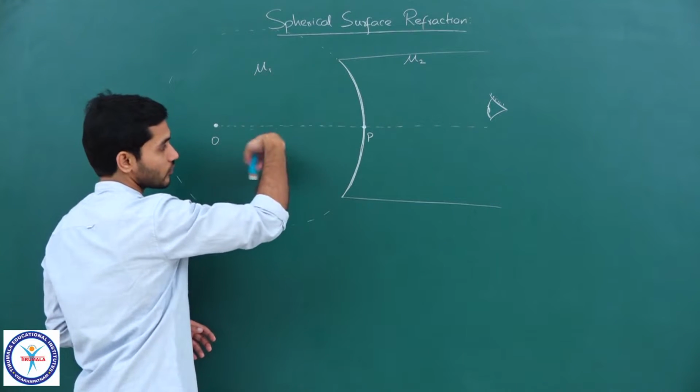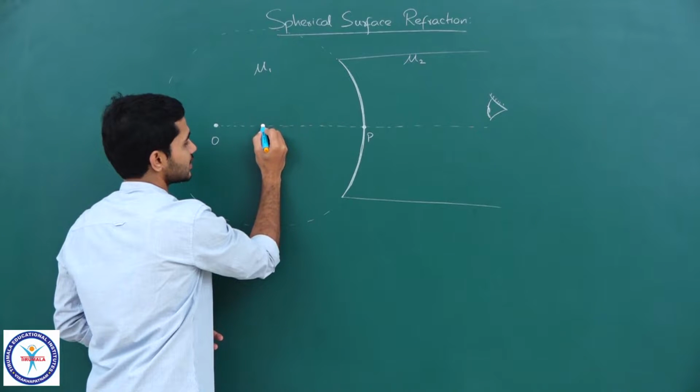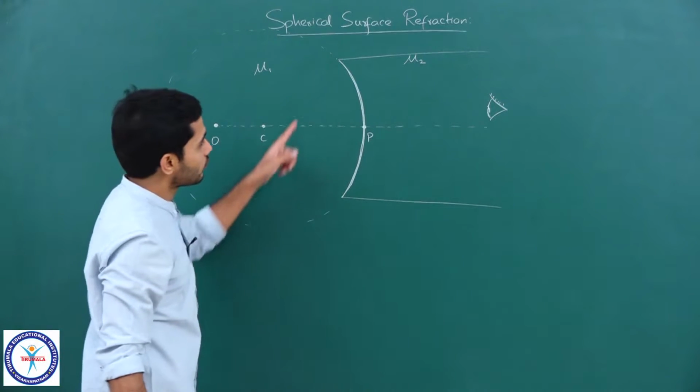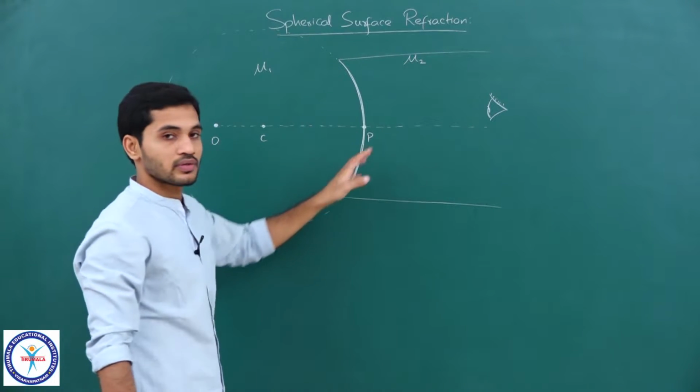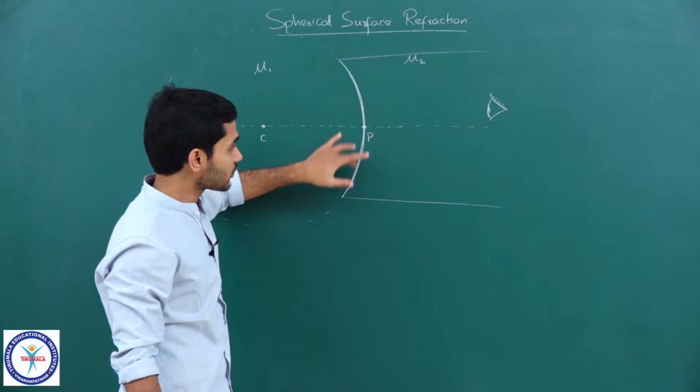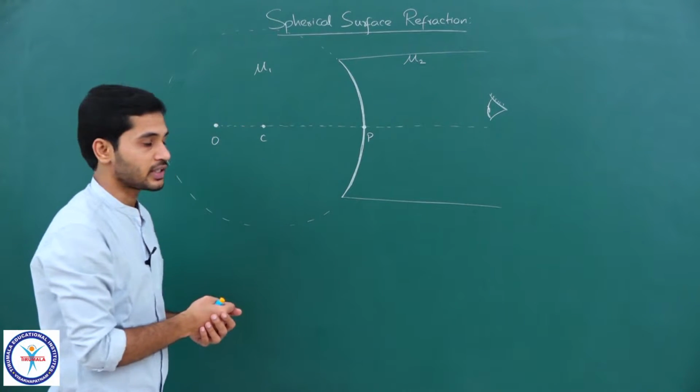The center of curvature would be somewhere over here. So, let us say this is the center of curvature of this interface. The interface is in the form of a part of the sphere, that is the idea, clear.